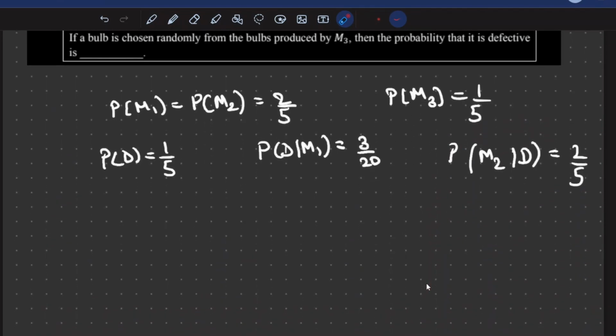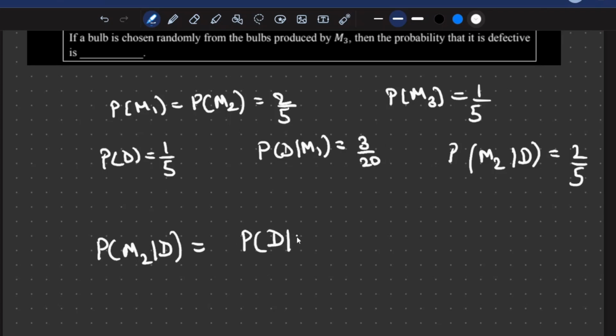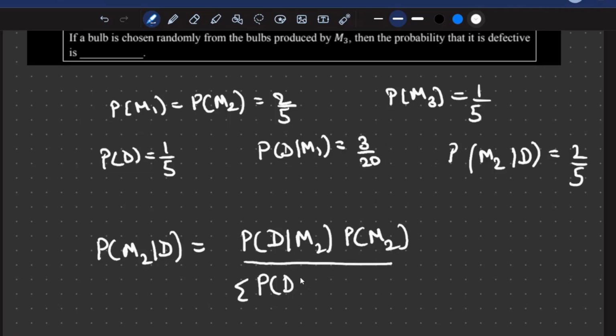Alright. So this statement is giving me the idea of our Bayes theorem, right? So let us use that. So probability of M2 given defective is equal to probability of defective given M2 times probability of M2 by summation of probability defective given Mi, where i belongs to 1, 2, 3, times probability of Mi, right?